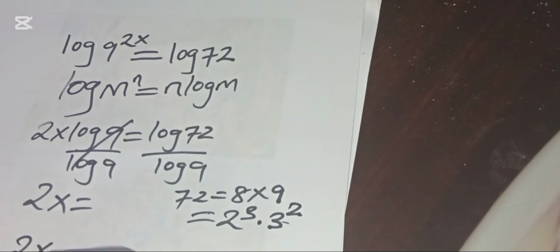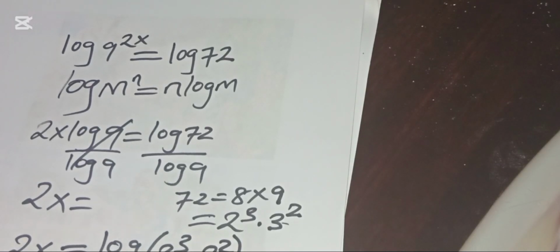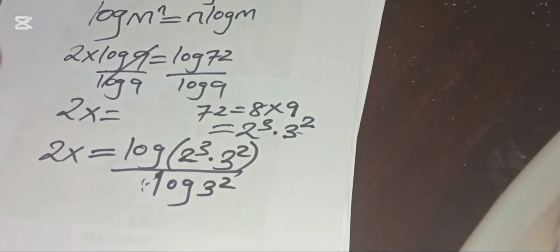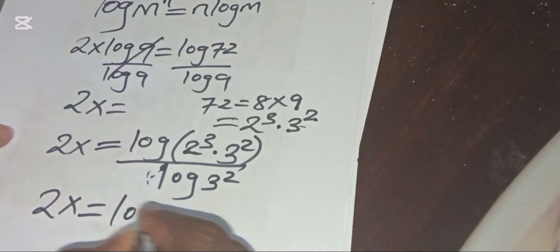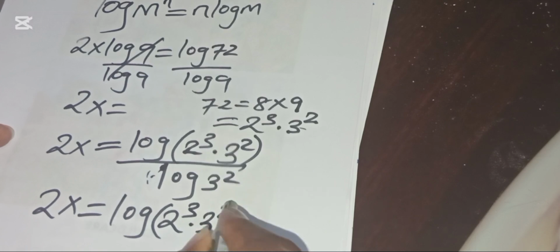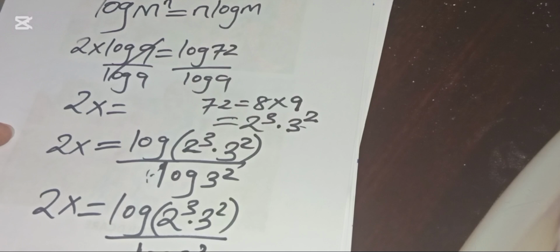So we'll have 2x equal to log of 2 to power 3 multiplied by 3 to power 2, divided by log 3 to power 2.